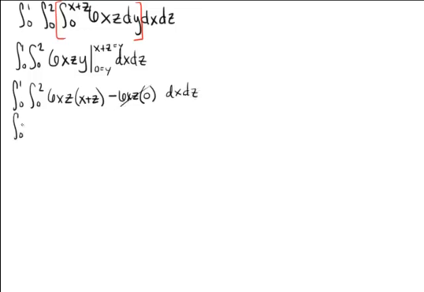And we'll go to the next line, copy this over again, and we're left with this. If you want to distribute, that's cool. Plus 6xz squared dydz.